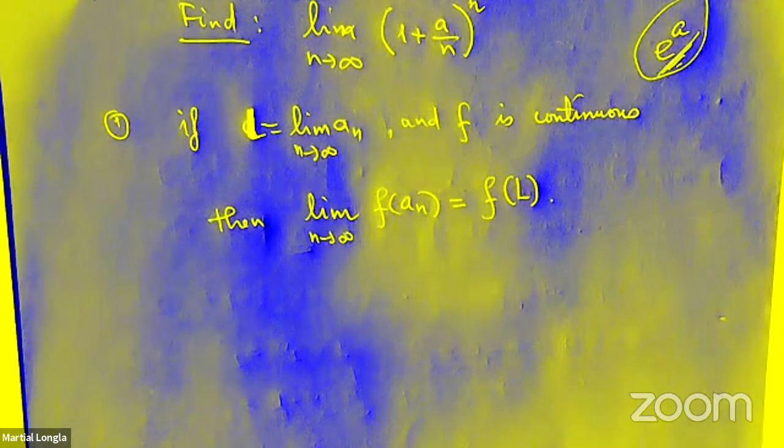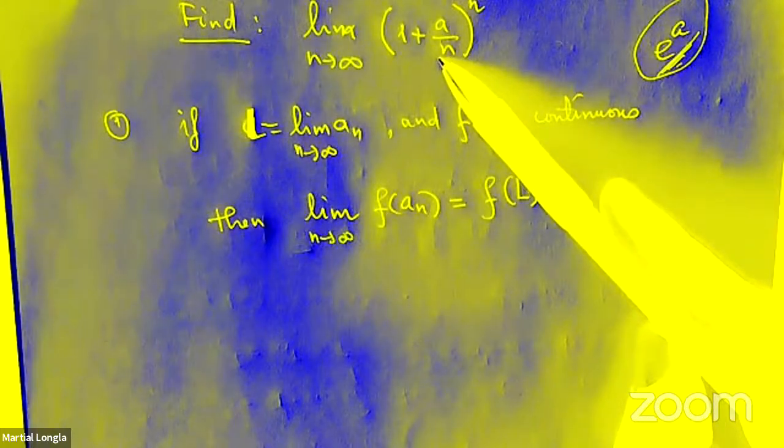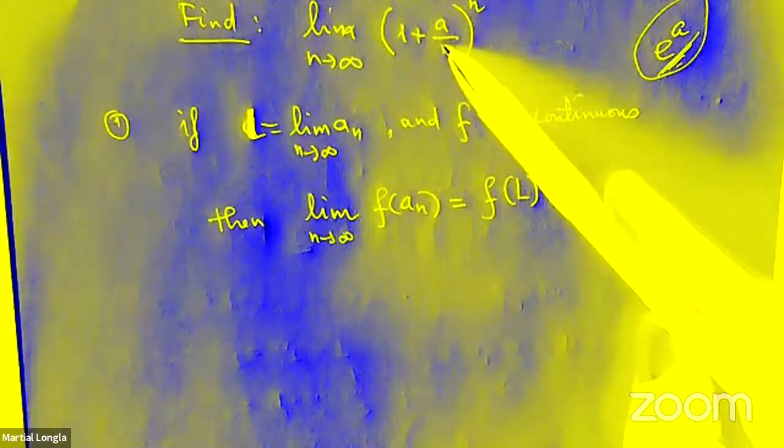Now, when you look at this, the first thing you would do, if you don't want to follow what I'm doing in this class, is think, okay, let me plug in n. So that'll be 1 plus a over infinity.